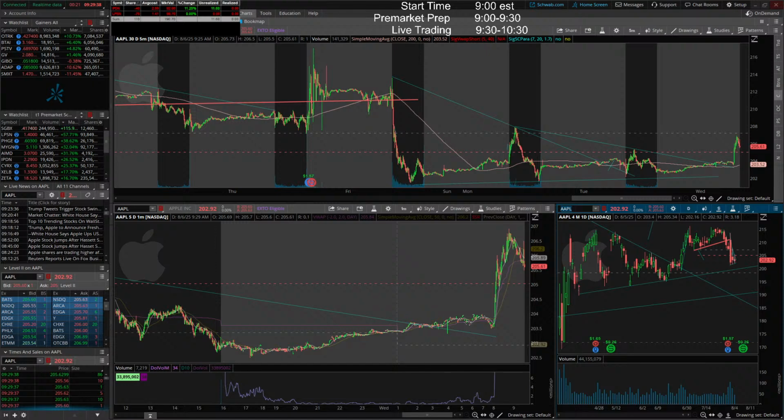All the same setup as D-Dog, which we traded last month. One of the best trades of the month. So we'll see how we do. All right, here's the bell. Good luck, everyone.